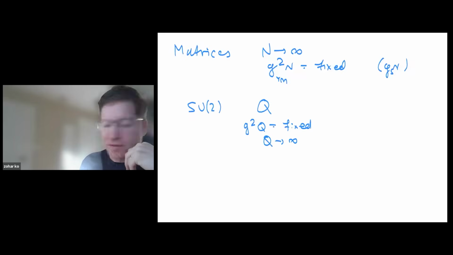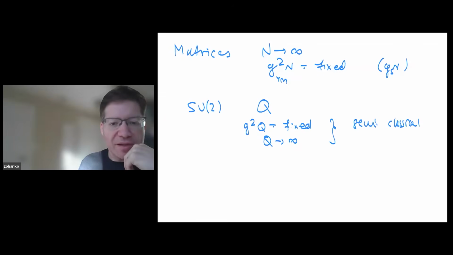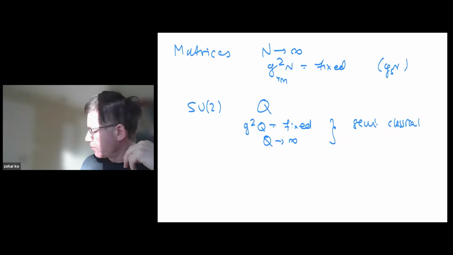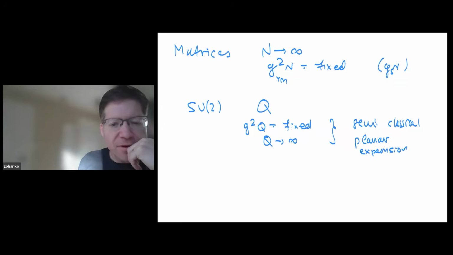It turns out that this is a semi-classical limit. And furthermore, this limit has a 't Hooft-like expansion, a planar expansion, even though there was no large rank gauge theory. Okay. So sometimes semi-classical limits are very rich.